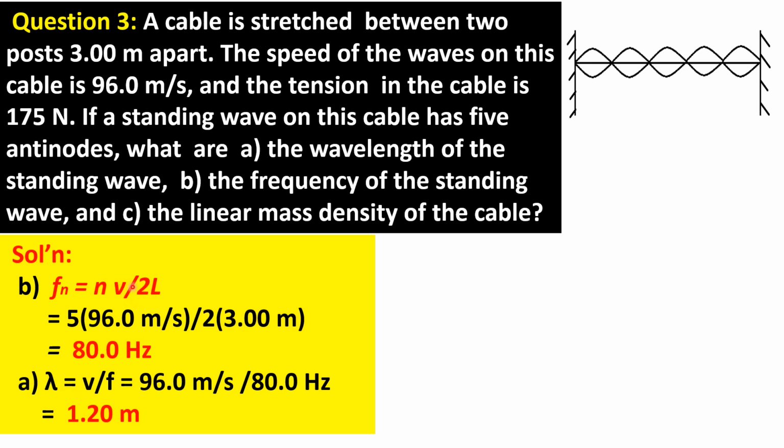If you notice, v over 2L represents the speed divided by the corresponding wavelength, or one half of the length of the string, okay, is the relationship between the frequency and that wavelength.